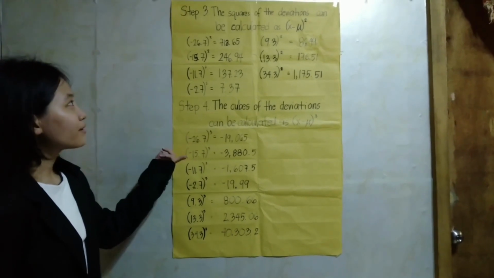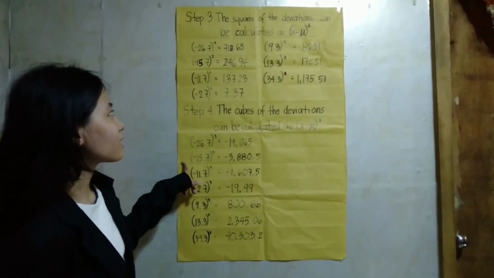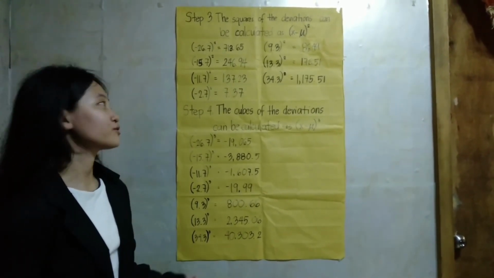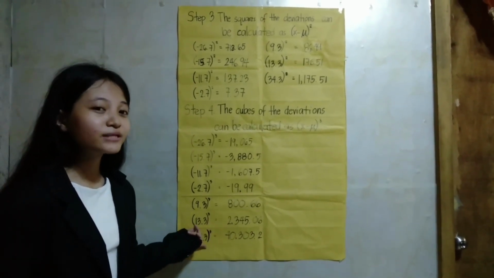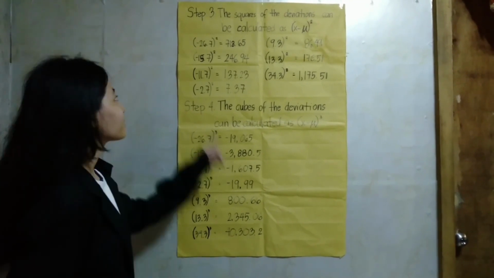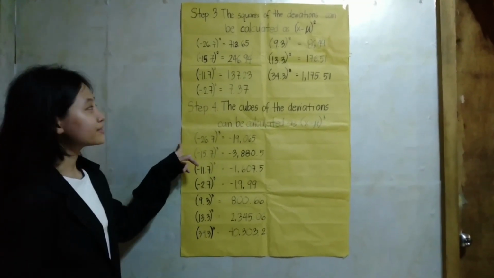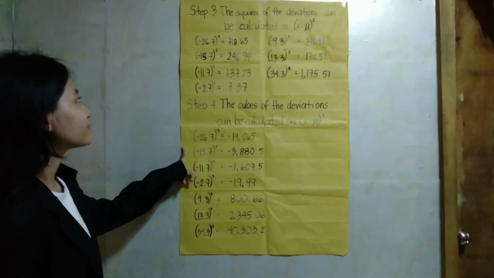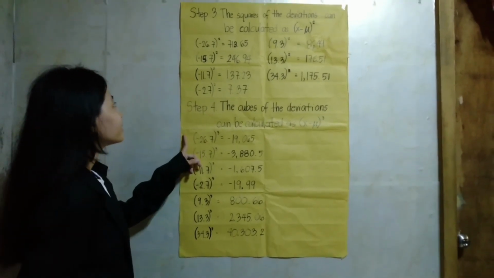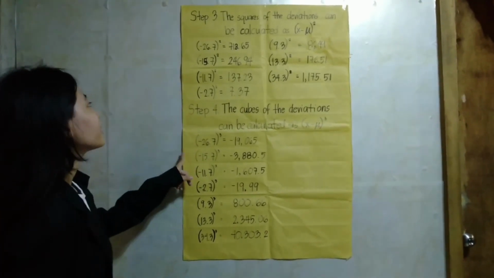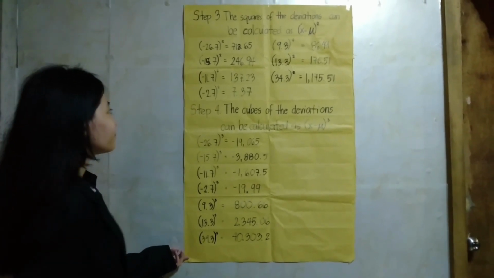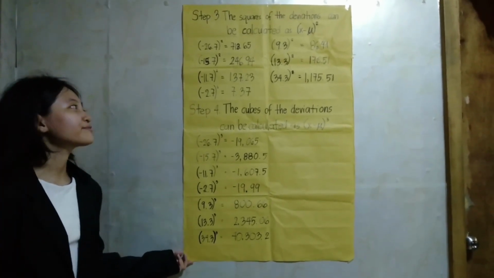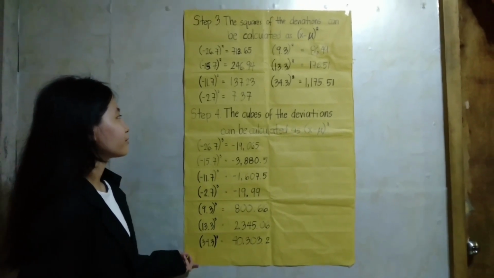Step 3. The squares of the deviations can be calculated as (x minus mean) squared. So in step 3, you have to square all of the results from step 2. Negative 26.7 squared equals 713.65. Negative 15.7 squared equals 246.94. Negative 11.7 squared equals 137.23.